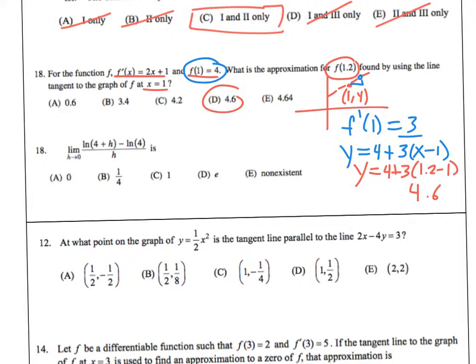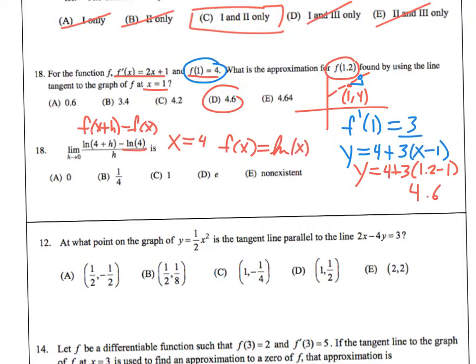Okay, kind of similar to the first one, this is another definition of derivative, and just so we can see what's going on here, f of x plus h minus f of x. First thing I notice is that instead of x's I have 4's, so x is going to be equal to 4, and f of x is going to be ln of x, if I back substitute that.